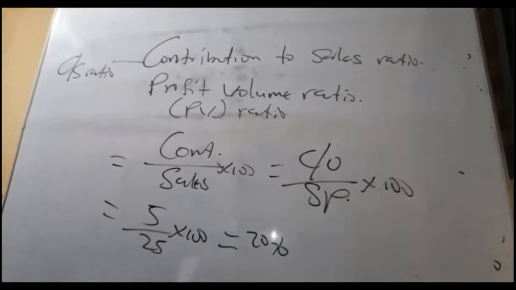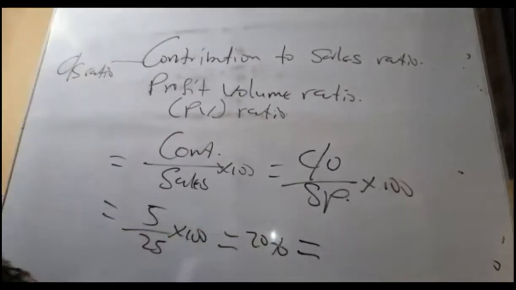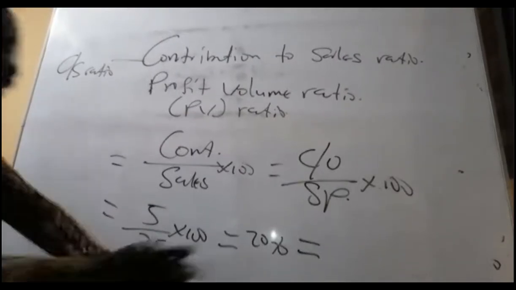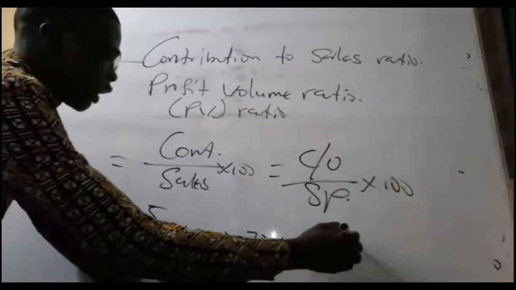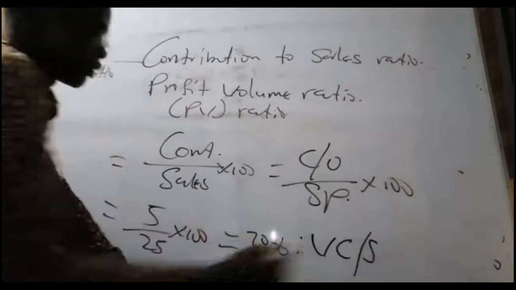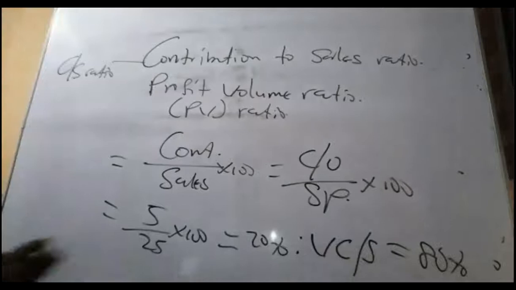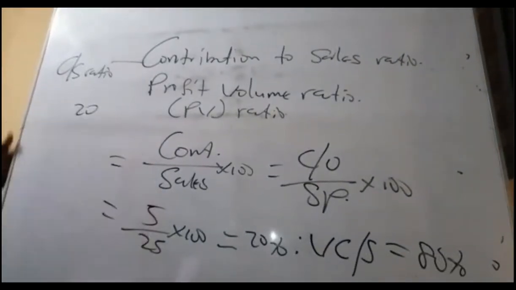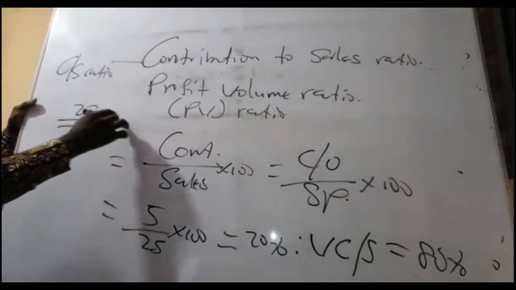The CS ratio is nothing but your contribution over sales times 100. So the variable cost to sales ratio will also be 80%. If you like, let's calculate this. The variable cost is 20, divided by the sales 25, times 100.